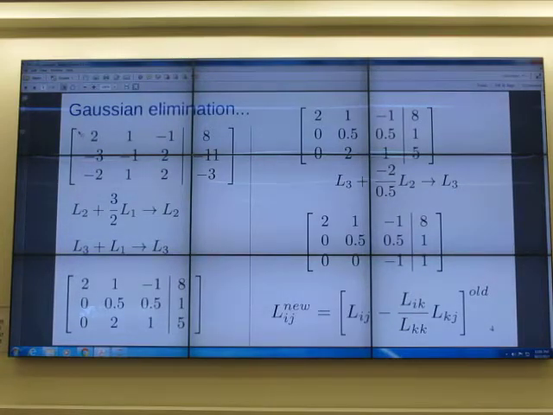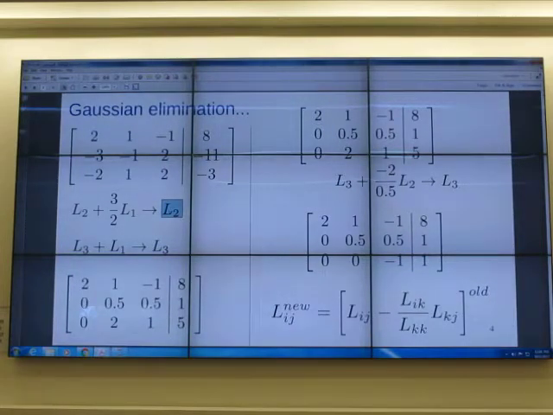So step number 1, I copy it, and I do this. L2, L short for line: line number 2 plus 3 divided by 2 of line number 1 becomes the new line number 2.